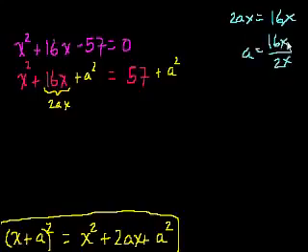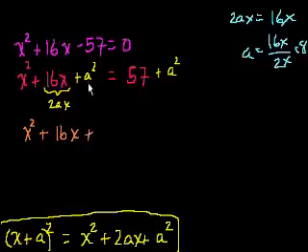And assuming that x doesn't equal 0, this evaluates to 8. Sorry. So a is 8. So if a is 8, we could rewrite that expression as x squared plus 16x plus a squared, well, 64, because a is 8, is equal to 57 plus 64.